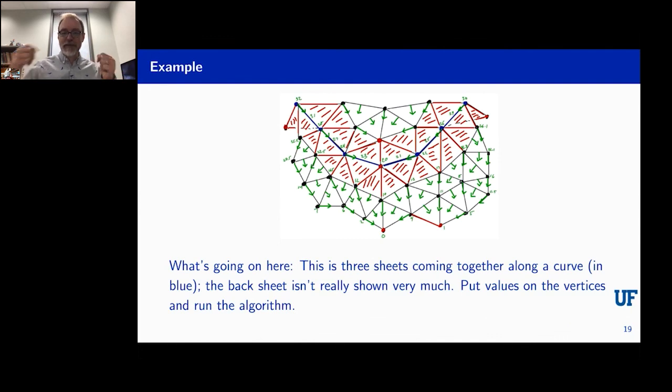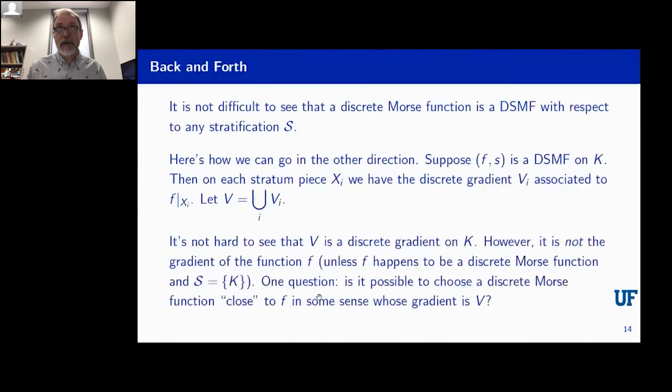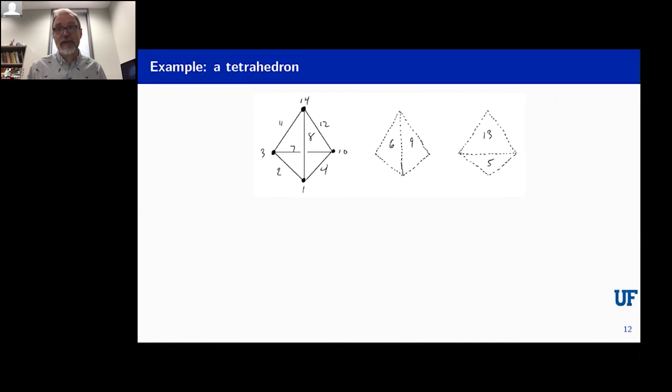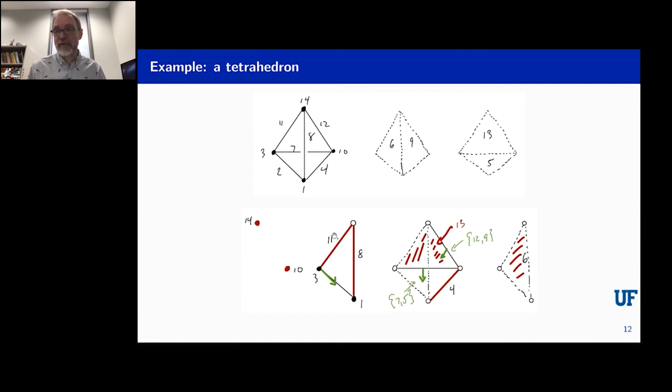In other words, being lower down in that poset means that you've got more stratum pieces, and so the algorithm generates a maximal element of that partially ordered set. But there might be incomparable maximal elements.